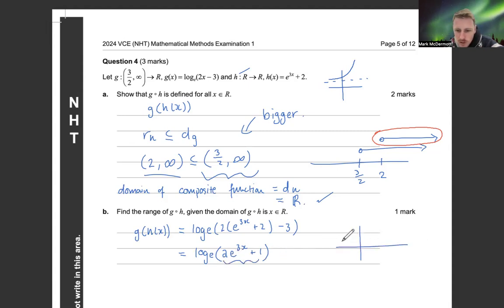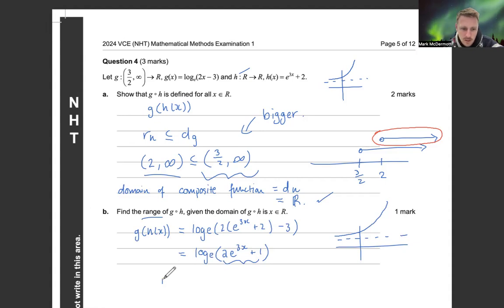The inner function would have a minimum value of 1. So it's going to look like this, something like that. And so the smallest this can get is 1. And log e of 1, or a number close to 1, is 0. So the smallest output, we're looking for range values of this function, is 0.